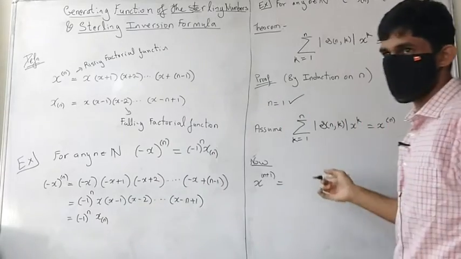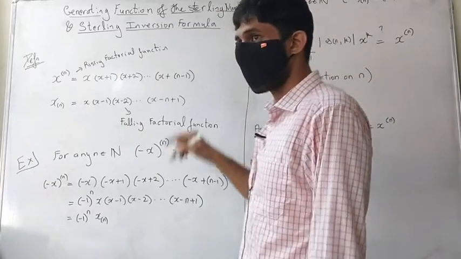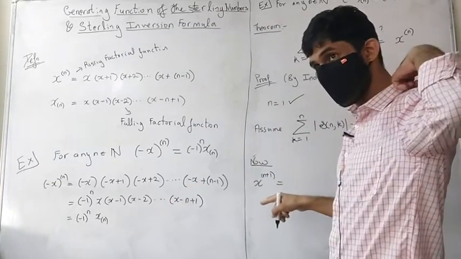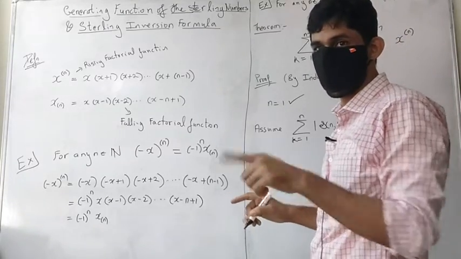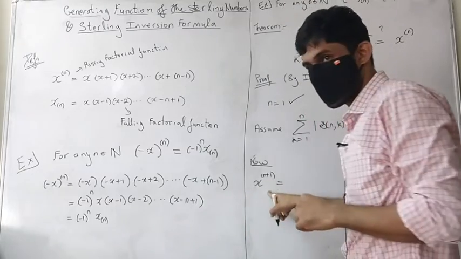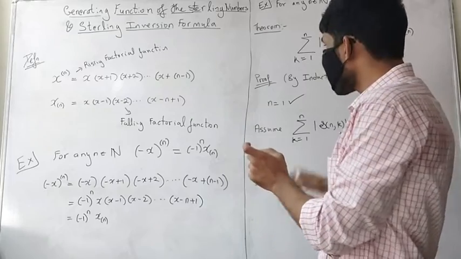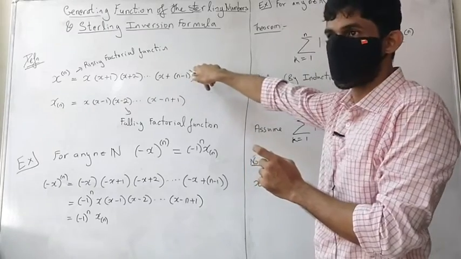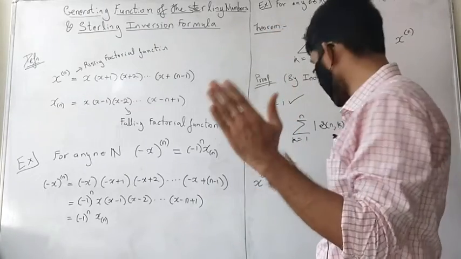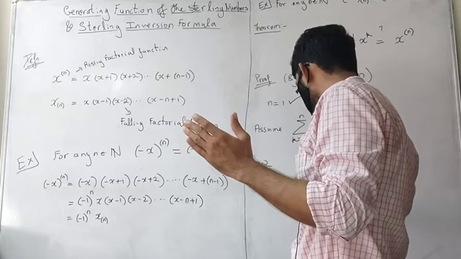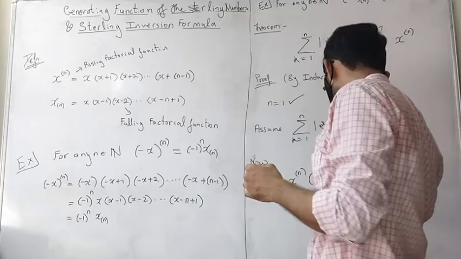We want to use induction, so we've got to use the previous stage. Can you tell me what this is in terms of x^(n)? Just like your n plus 1 factorial is n factorial times n plus 1. What is this? This is x times (x plus 1) up to (x plus n minus 1) into (x plus n), right? So that first initial part is x^(n), into x plus n. That's exactly what it is.